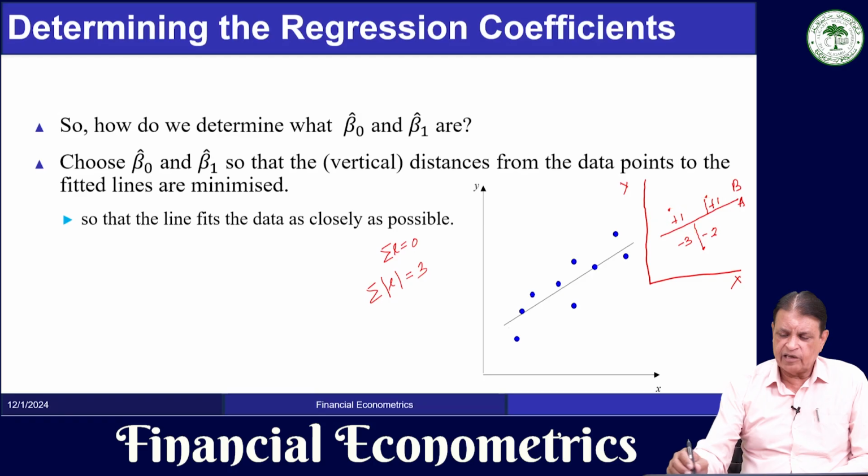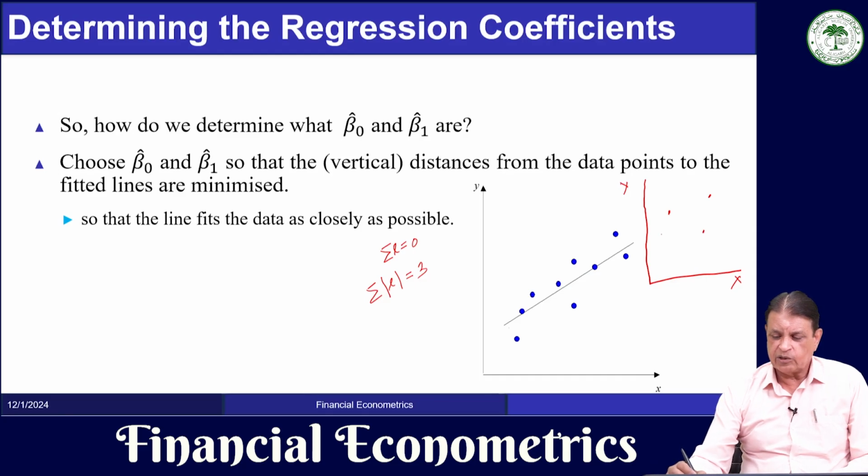If we take another example to express this more clearly, suppose we take 1 point here, 1 point here, and 1 point here, and we fit a line through this. The distance from here to here is plus 1, and from here to here is plus 1, and this distance is also plus 1.